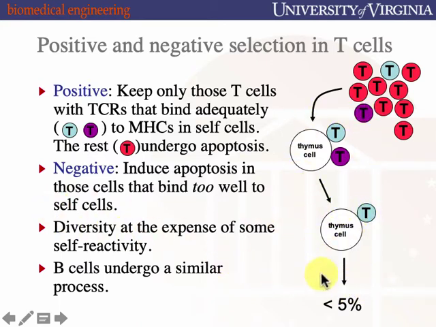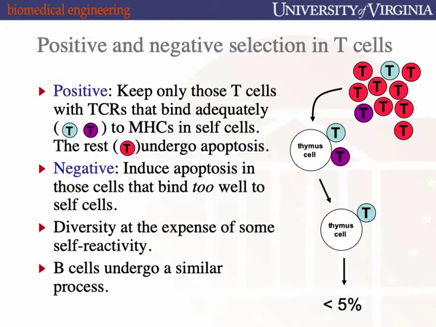What survives this process is less than 5% of all those cells that you generated in your bone marrow before you were ever even born. 95% of those are gone. Actually, greater than 95% are gone. So we've sacrificed diversity, but for a good cause. We don't want to generate self-responses.